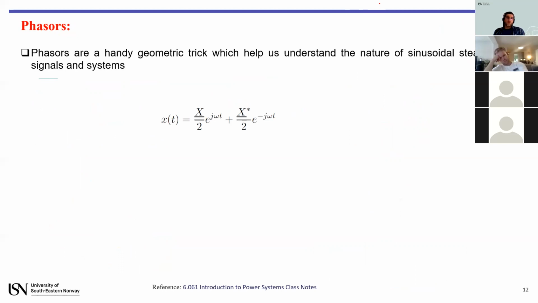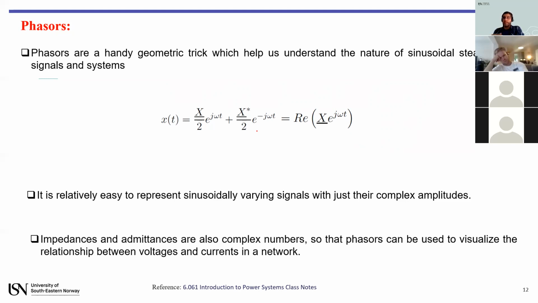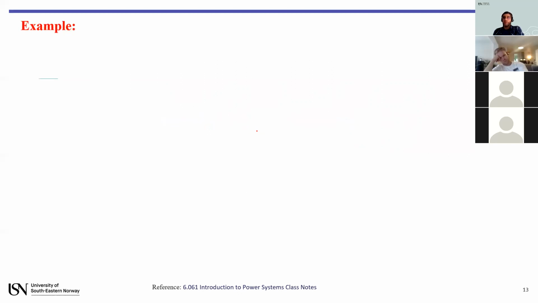However, instead of using that method, you can use a complex value. That complex value is called phasor. The phasor is the new notation that we use, because every sinusoidal function can be written as a complex value and the conjugate of the complex value. And the impedance and the admittance come from this notation as well.